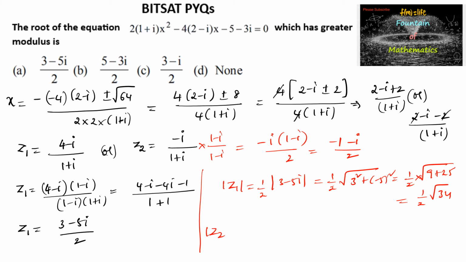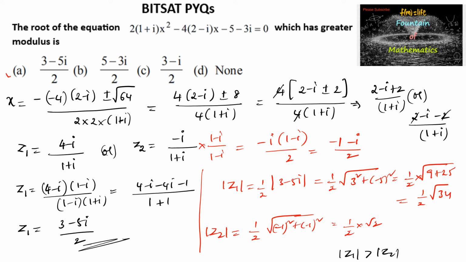Similarly, |z2| is equal to 1/2 √((−1)² + (−1)²), which is 1/2 √2. So √34 is greater than √2, so we can consider that |z1| is greater than |z2|. So among the two roots, z1, that is (3 − 5i)/2, is the root having the greater modulus. So we can go with option A.